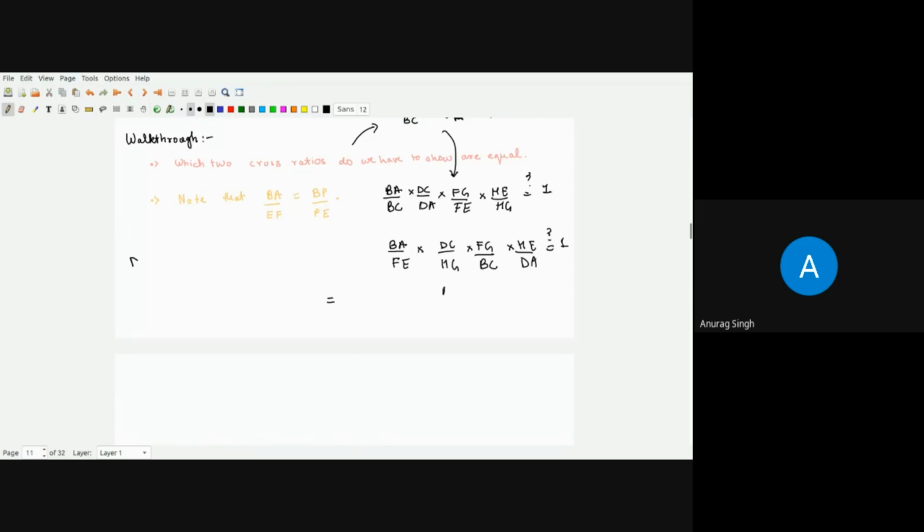Then we have a combination of each other in ratios. I see. So you're saying DP by PE into PP by PF is equal to PE. Oh, PF. Yes, yes. I see. Wait, why is it PF here, by the way?